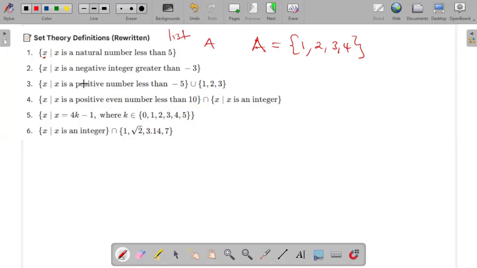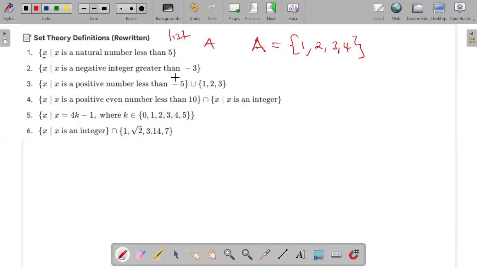Part 2 is saying, the set of x such that x is a negative integer greater than -3. So what is this negative integer that is going to be greater than -3?